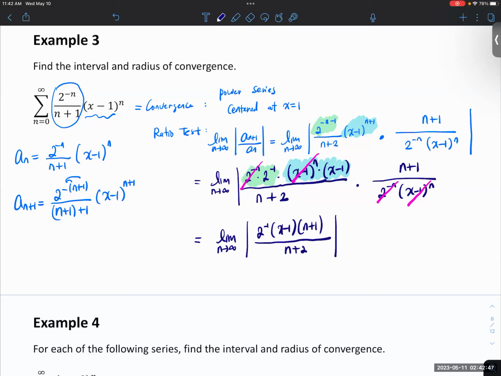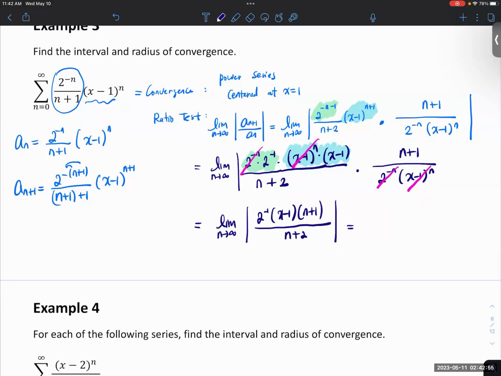Now, except for the n, because n is approaching infinity, I'm going to bring all the constants to the front: 2 to the negative 1 and (x minus 1), times the limit of n plus 1 over n plus 2.